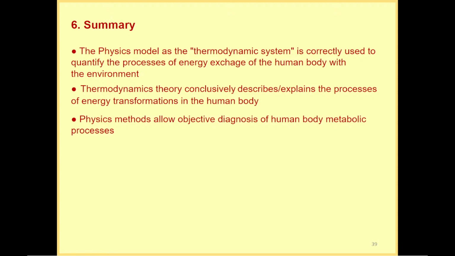It is the voltage. And finally, the summary of the lecture. The physics model of the thermodynamic system is correctly used to quantify the processes of energy exchange of the human body with the environment.